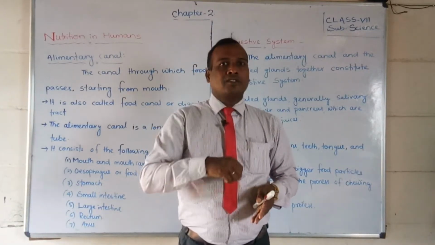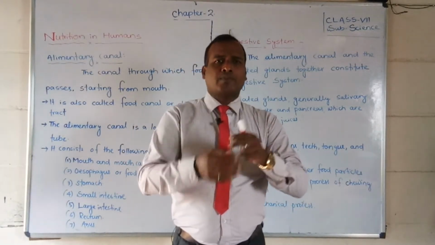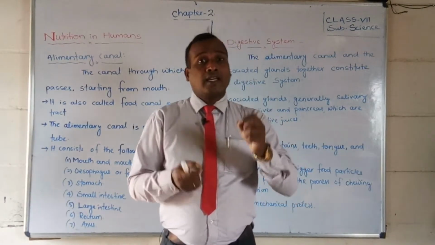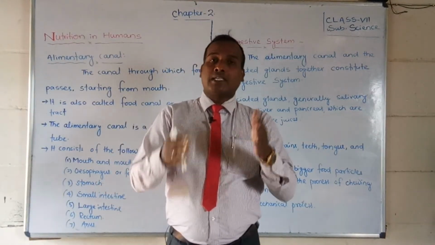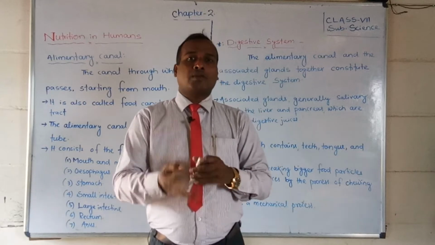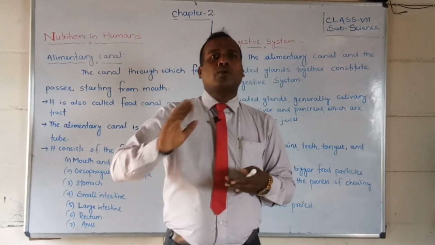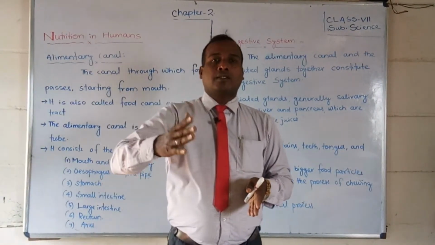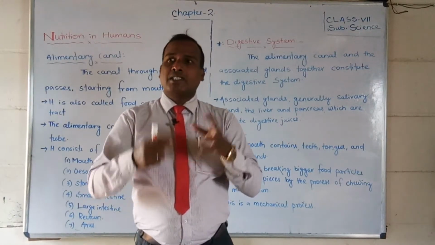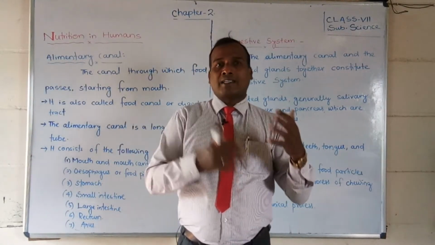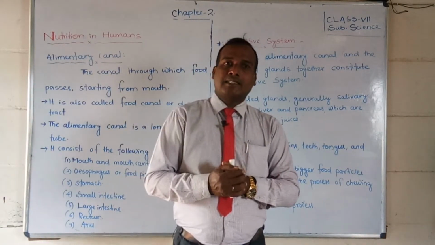Whenever we take food, first of all we have to chew it, which breaks it down into a simpler form. Then it goes through the esophagus to the stomach. In the stomach, hydrochloric acid mixes with the food and kills the germs. Then the food slowly goes to the small intestine, where bile and enzymes secreted by the pancreas mix with it and it is digested.